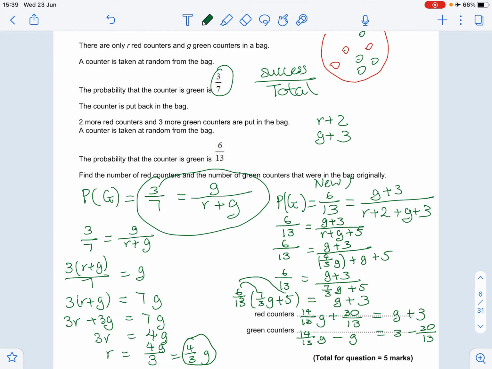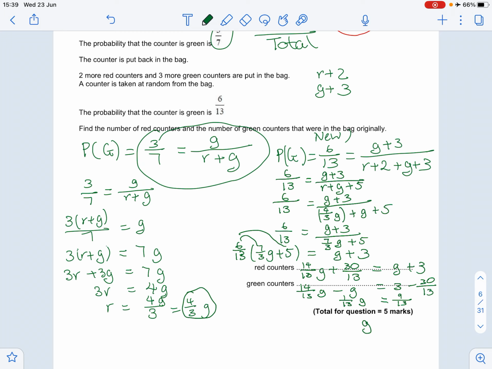So type into your calculator, we get 1 over 13G is equal to 9 over 13. Then multiply 13 on both sides, so we are left with G is equal to 9. So we have 9 green counters.